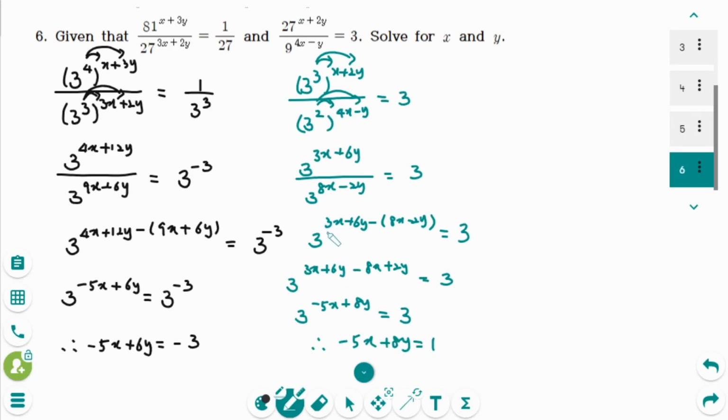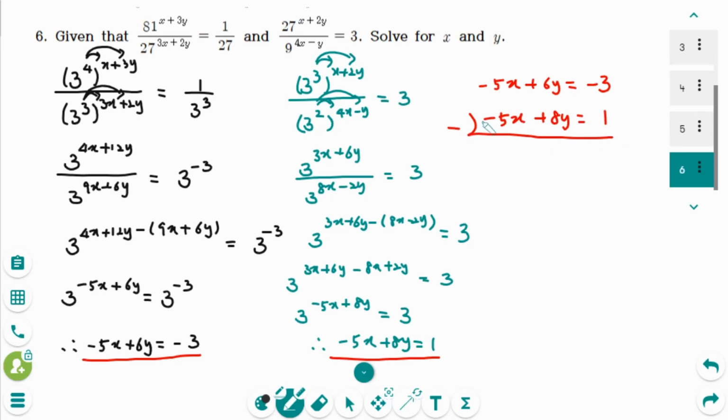Now we have two equations. The first one, minus 5x plus 6y equals minus 3. Second one, minus 5x plus 8y equals 1. Then subtract, minus 5x cancelled. 6y minus 8y, which is minus 2y, equals minus 3 minus 1, which is minus 4.